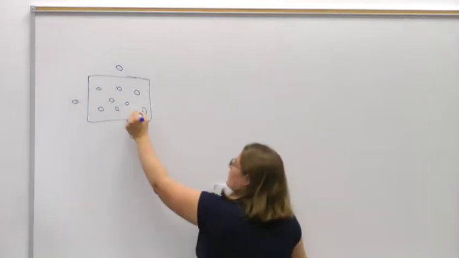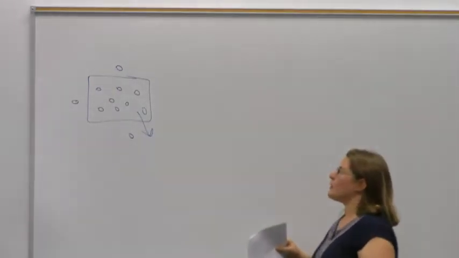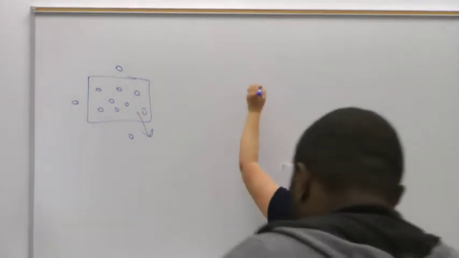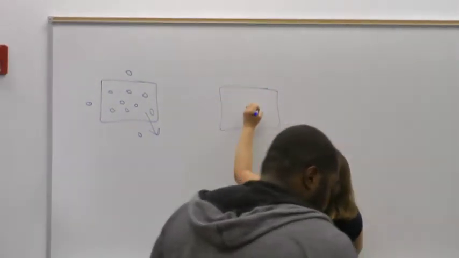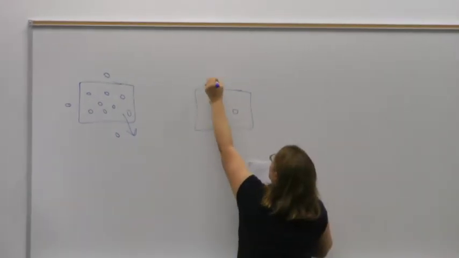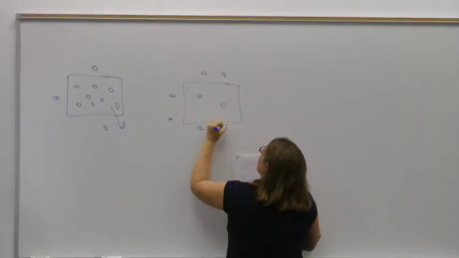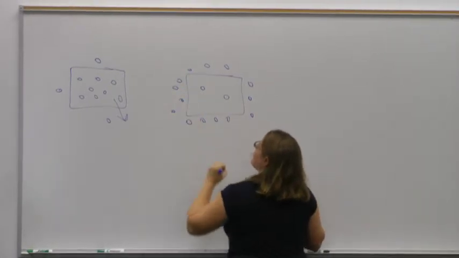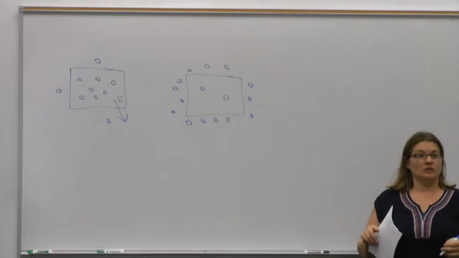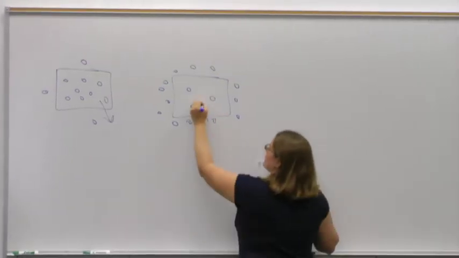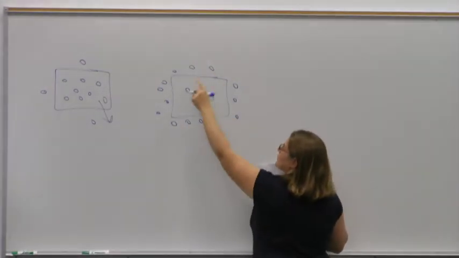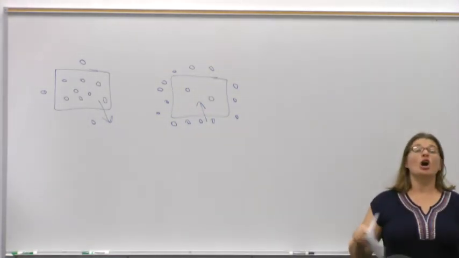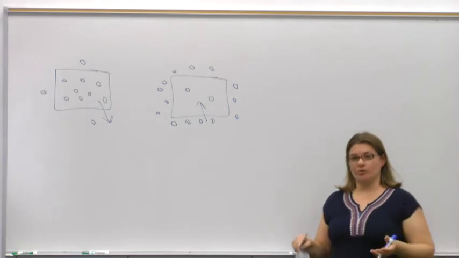For cell B, we've got very few particles inside the cell and a whole bunch outside. So which way are the particles going to move due to diffusion? Inside the cell, from an area of high concentration to low concentration. Does that require any energy? No. And so that's called passive transport, right?